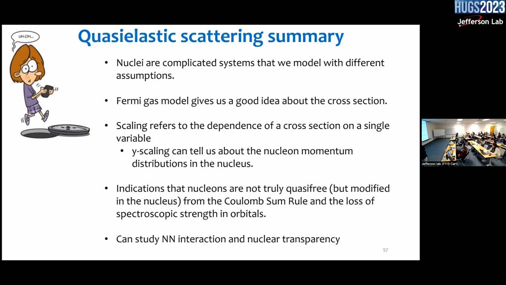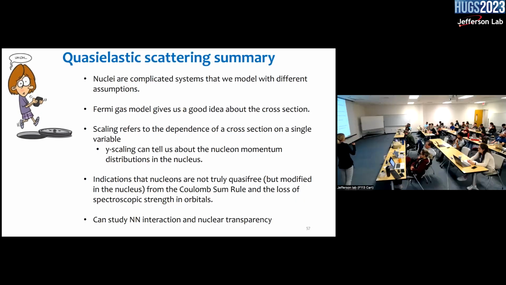There's actually quite a lot of backgrounds. I think we'll go into detail on those tomorrow, but you can have excitations. You can have meson exchange currents. You can have a lot of things that look like this, and then you have to exclude those things. The plane wave impulse approximation works reasonably well here, where you can assume that when you knock this out, the reconstructed missing momentum, not the measured momentum, is what it was in the nucleus.